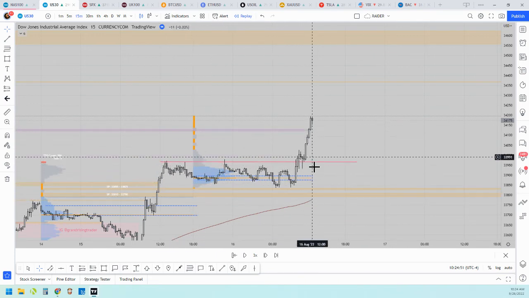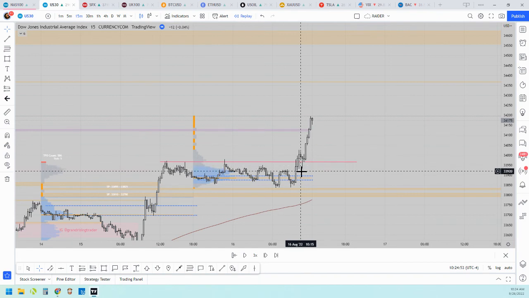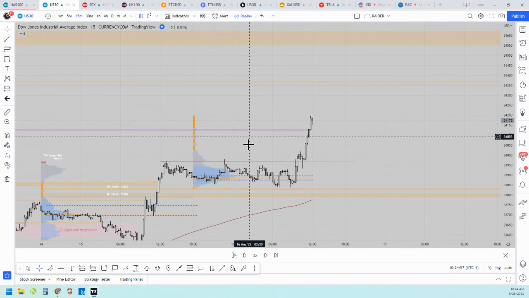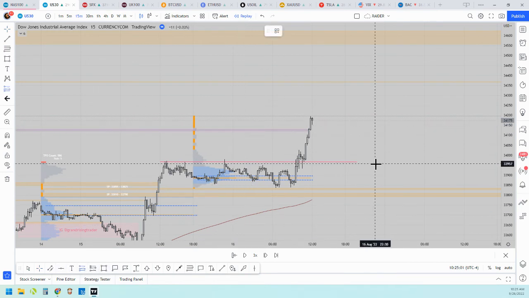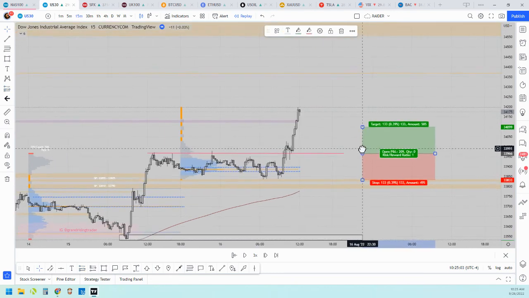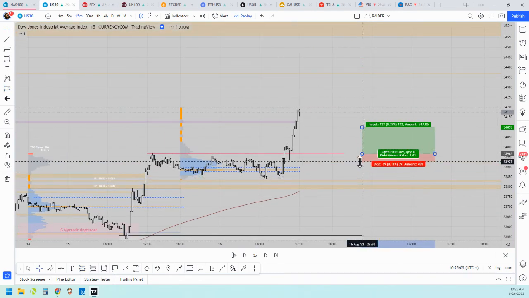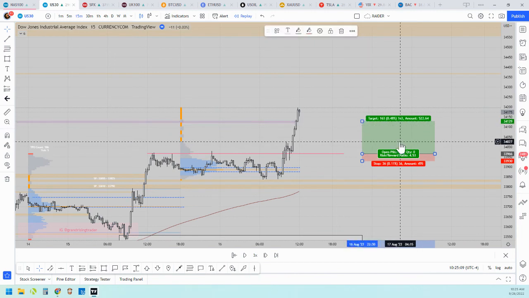It pushed past it, and wait for that retest, and it tried coming back twice, and then you would aim for that excess that's up here. And now it seems like it's trying to aim for that single print. So that would have been a 4.5-ish risk reward. And I think that would have been pretty decent.